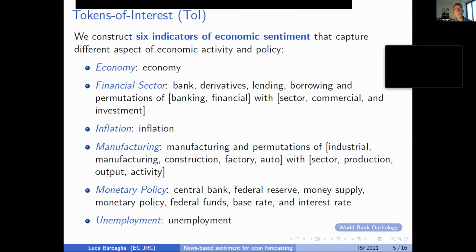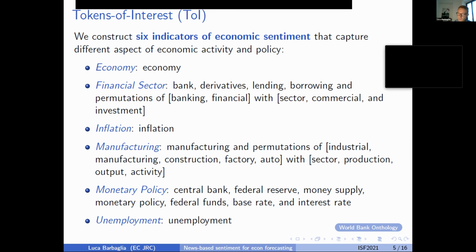We took the keywords associated to each of these topics relying on the World Bank ontology, which gives us a logical hierarchy among economic concepts as they are used within the World Bank documents. And then after collecting this set of keywords, we examined the different frequencies of words and came up with these 6 indicators.